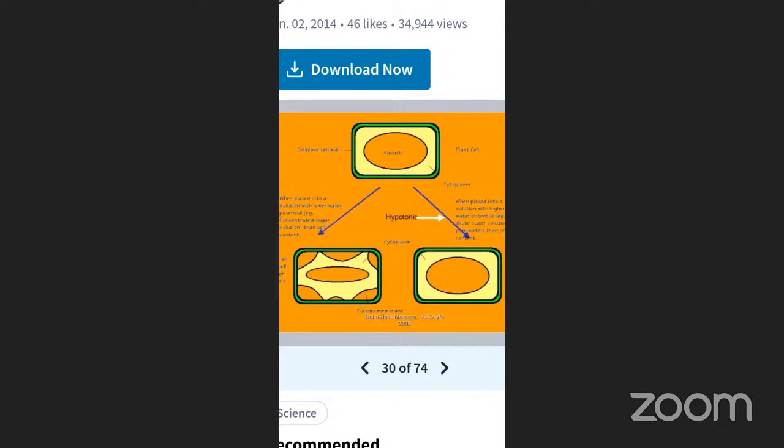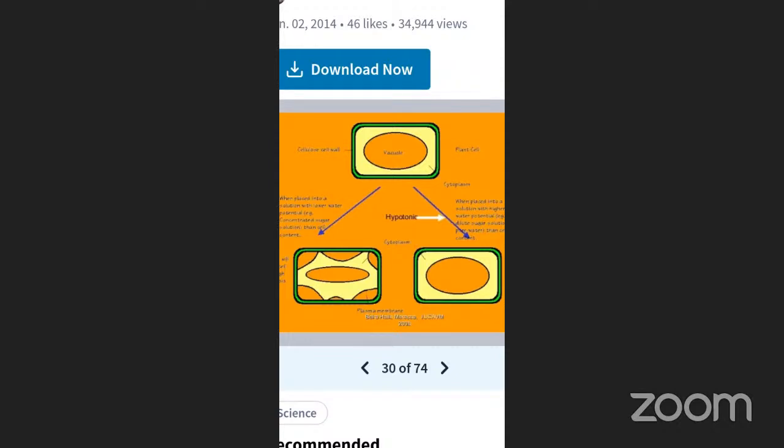That process is called plasmolysis. When the cell is placed in an isotonic solution, there is no net flow of water inward or outward. Isotonic solution means equal water potential, that's why there is no movement of the water.